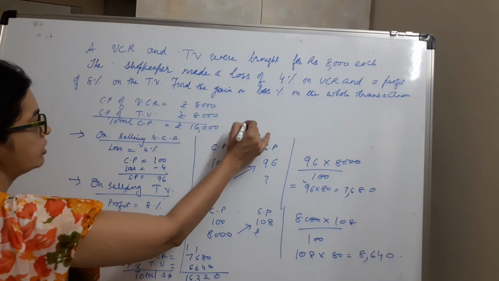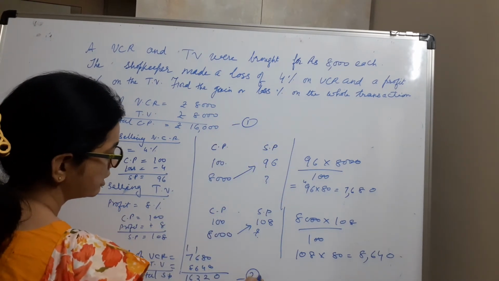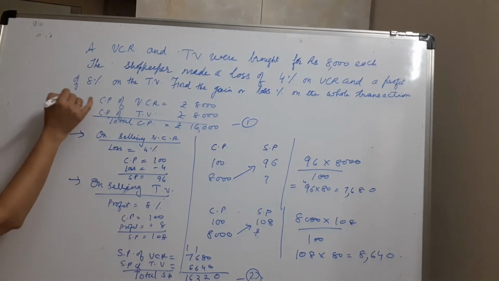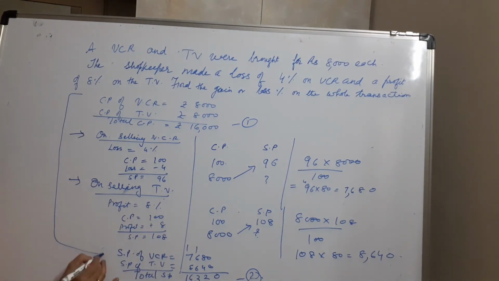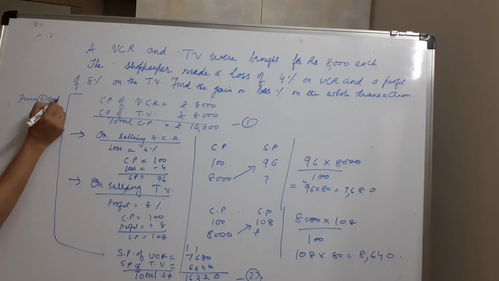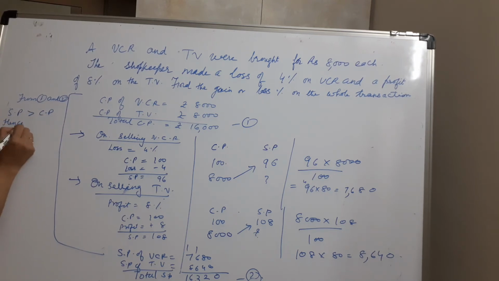Already we have total CP as 1 and total SP as 2. From 1 and 2, we find that SP is greater than CP. Hence profit. In profit, SP is greater than CP, and in loss, CP is greater.